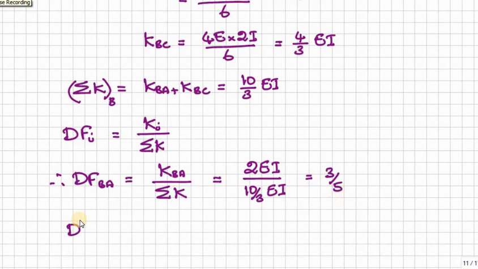So distribution factor for the next member BC is equal to KBC divided by sigma K. Or here we have only 2 members and we know that the summation of all distribution factors at a joint is equal to 1. Therefore, we can calculate 1 minus DFBA. From this expression also we can calculate distribution factor for BC.